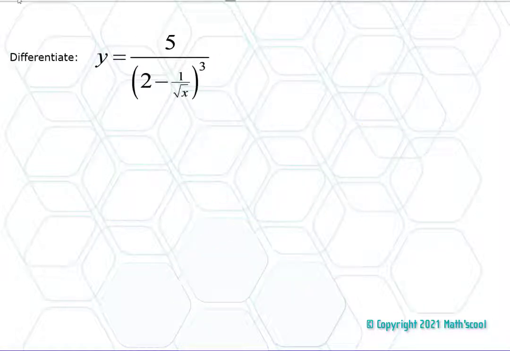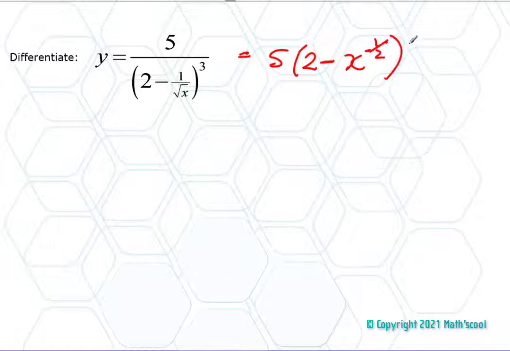Next question. Okay, so again I'm going to rewrite this using indices, so that's going to be 5 times 2 minus x to the minus a half to the power minus 3. And now I'm ready to differentiate it. Dy by dx equals, so the minus 3 is going to come and multiply the 5, so that gives me minus 15. And then I'm going to multiply that by the differential of these brackets.